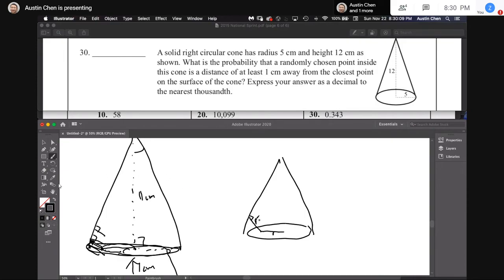I did not draw it very well there. So we need to find what this new radius is. Okay. So how are we going to do this? Well, one thing we can do is find the slope of this cone, right?